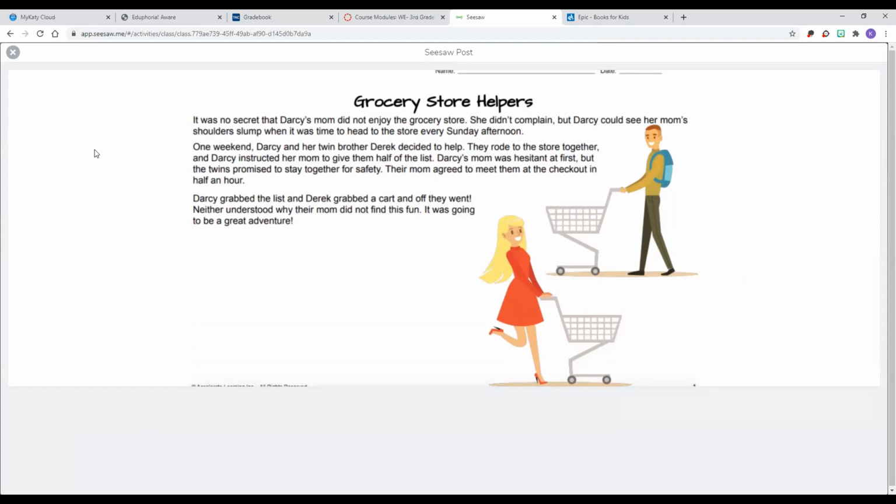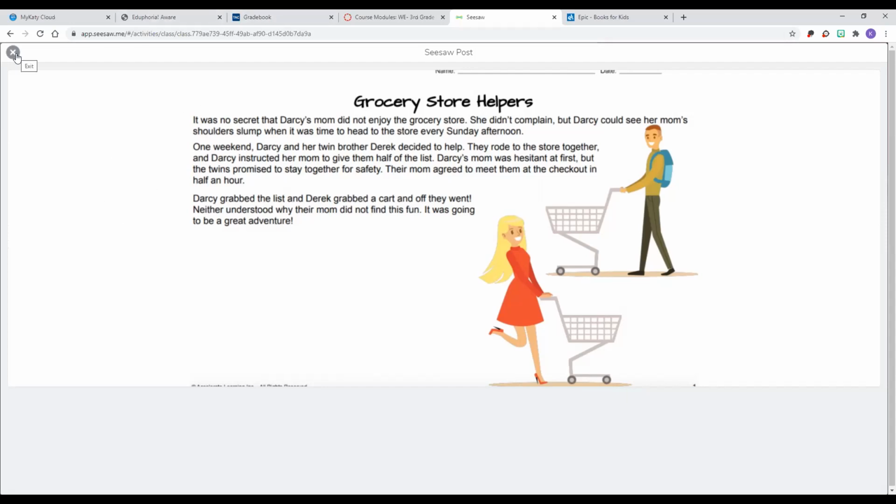They rode to the store together, and Darcy instructed her mom to give them half of the list. Darcy's mom was hesitant at first, but the twins promised to stay together for safety. Their mom agreed to meet them at the checkout in half an hour. Darcy grabbed the list and Derek grabbed a cart, and off they went. Neither understood why their mom did not find this fun. It was going to be a great adventure.